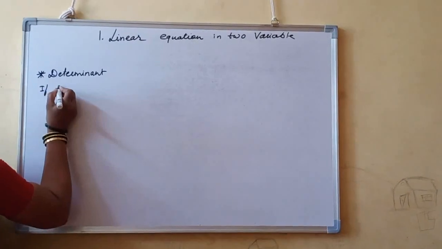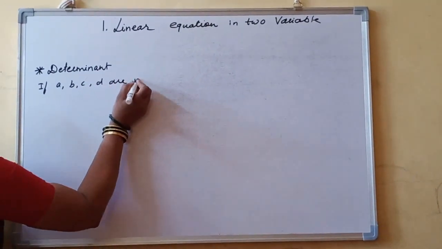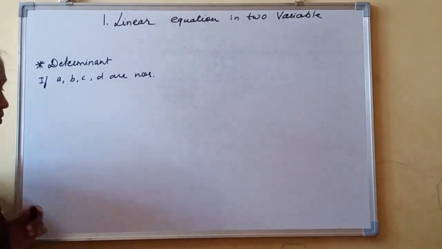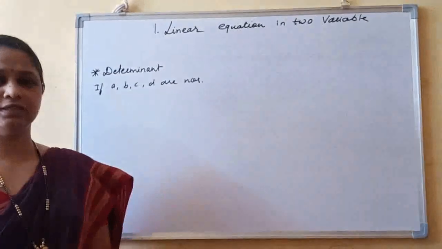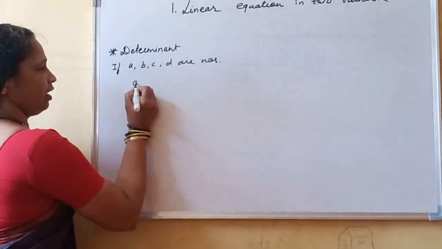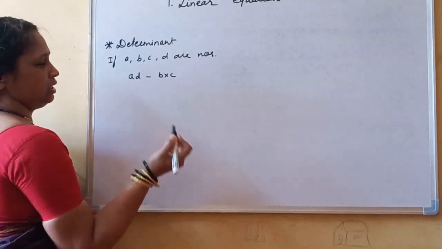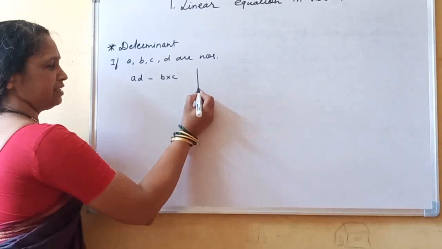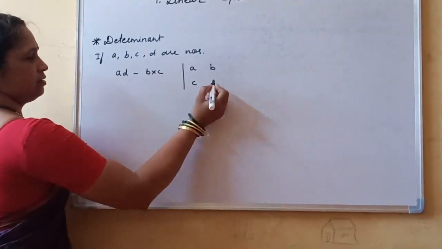If A, B, C, D are numbers, then its representation will be A into D minus B into C. It can be represented in determinant as AB and CD.